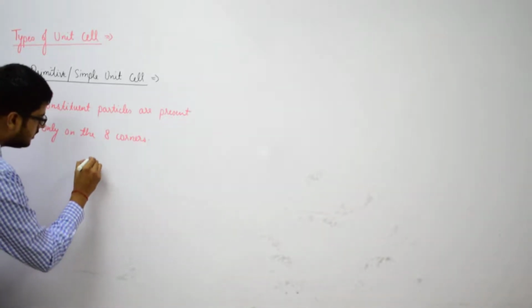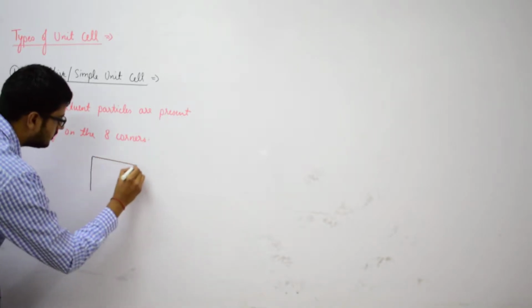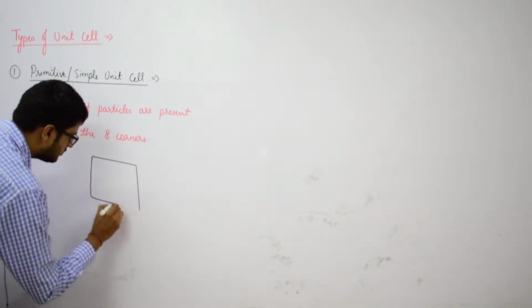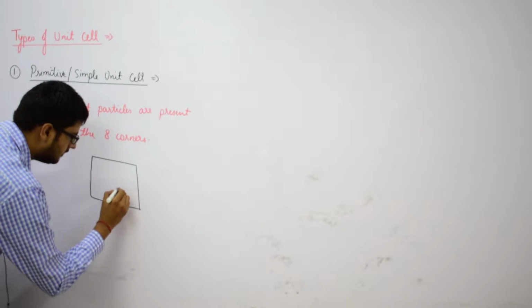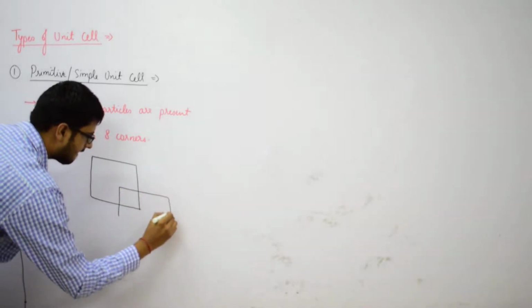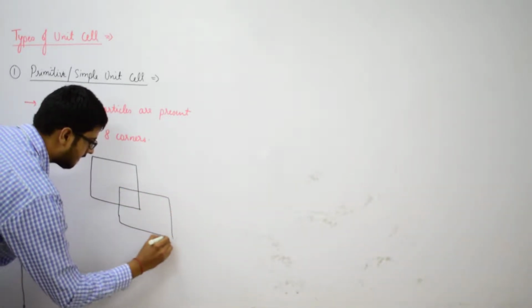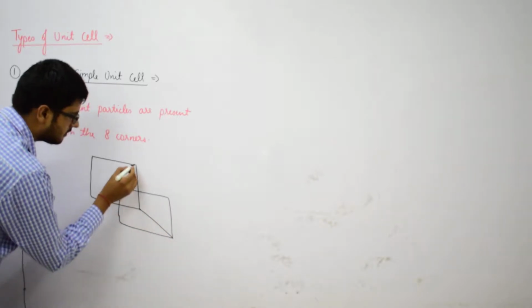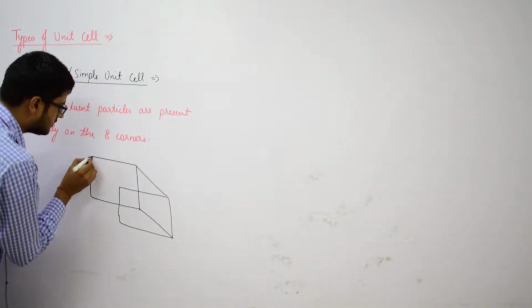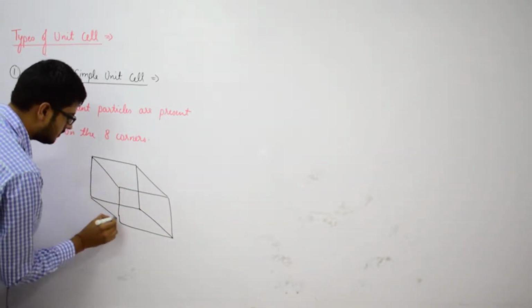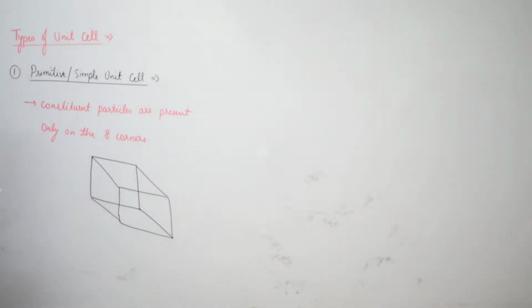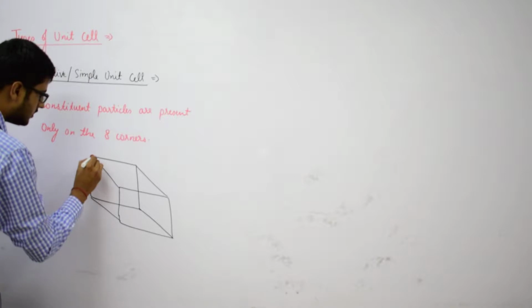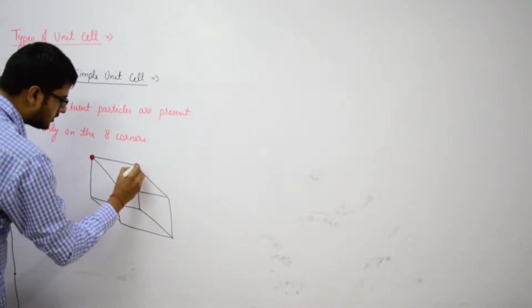So, let us see what is a simple unit cell. Let this be our unit cell, and the constituent particles are present only on the 8 corners.